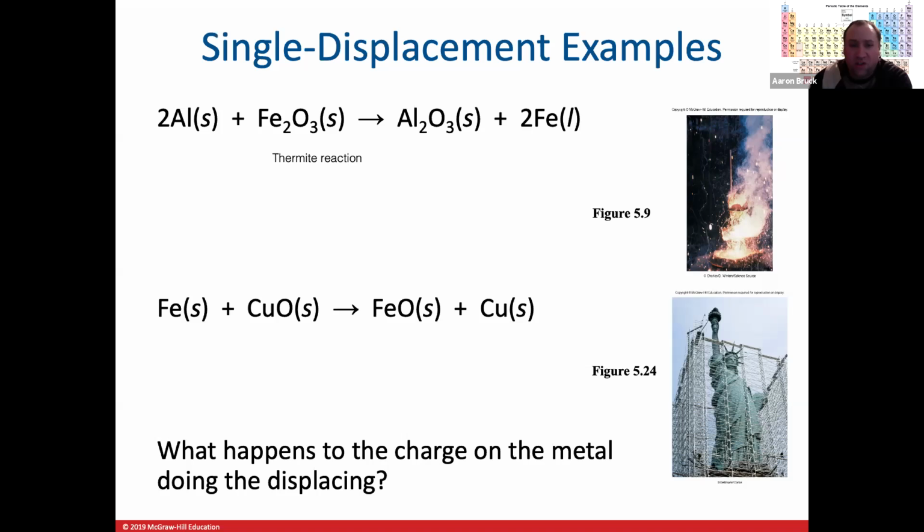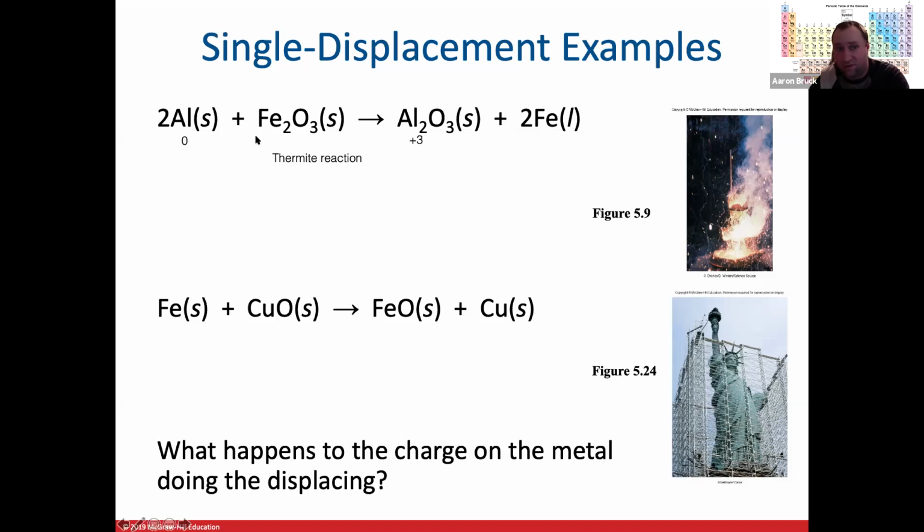Now, the question that you have to ask yourself in these is, what's happening to the charge on the metal that is doing the displacing? So if I look at the aluminum here, the aluminum went from uncharged metal to a +3 charge in the aluminum oxide.